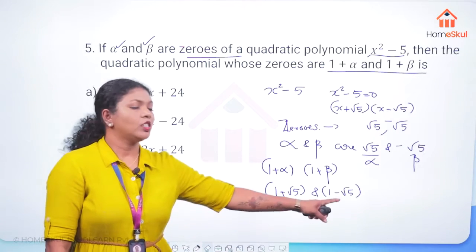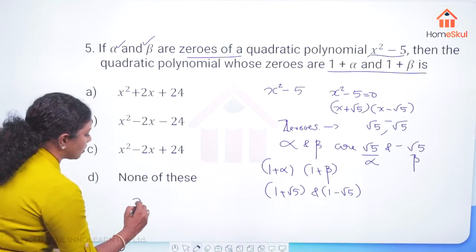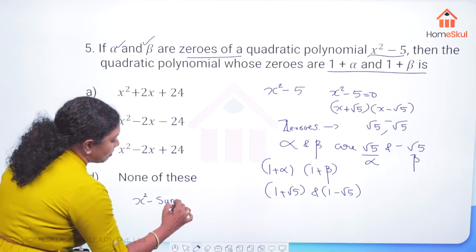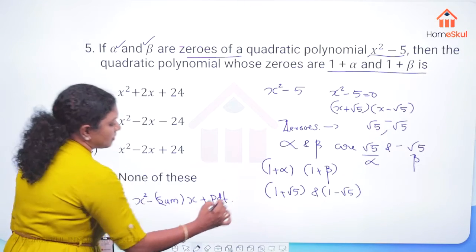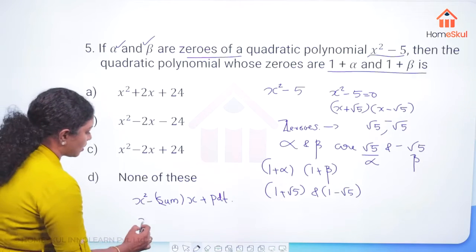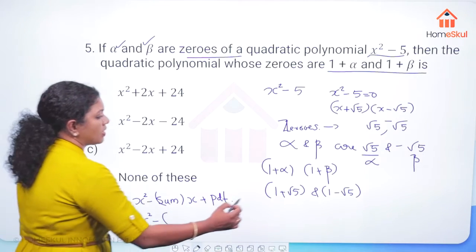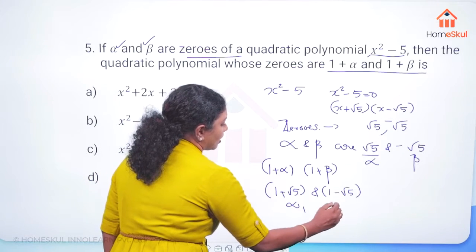When you have zeros like this, the formula will be x square minus sum into x plus product. Am I right? So it is x square minus, what is the sum? This is the new root, alpha 1 and beta 1.